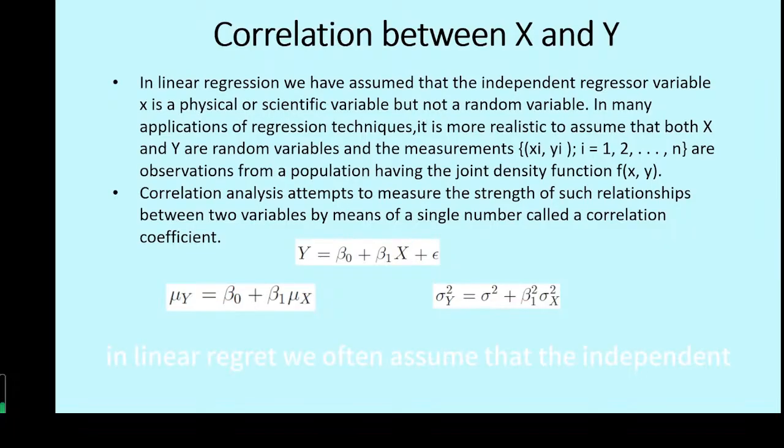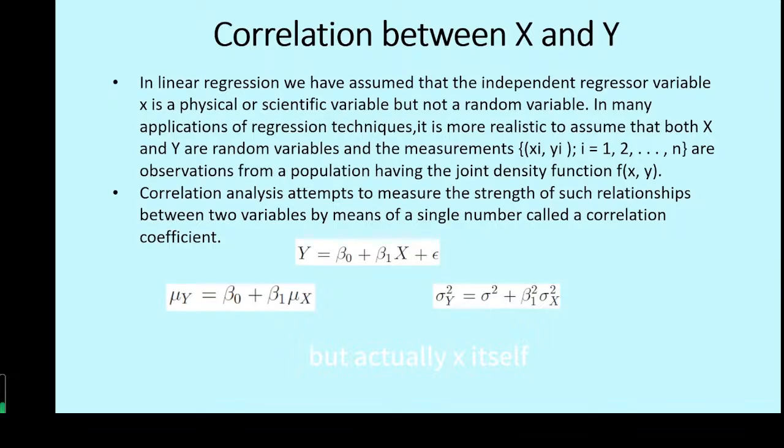In linear regression, we often assume that the independent variable x is a physical or scientific variable, not random. But in reality, all the variables are random, because in linear regression we assume that for a given x there is a random variable y.